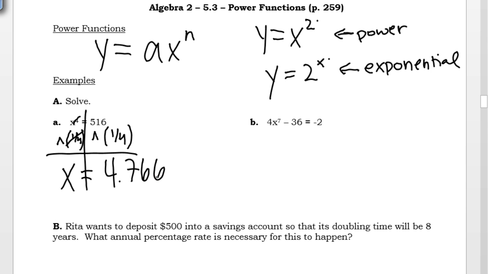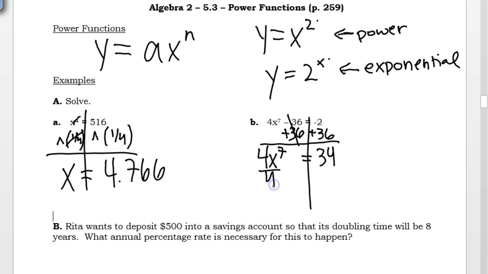So my solving works with these larger equations as well, where I do my usual steps first, where I need to undo the minus with a plus. Undo my multiply with a divide. 8.5.